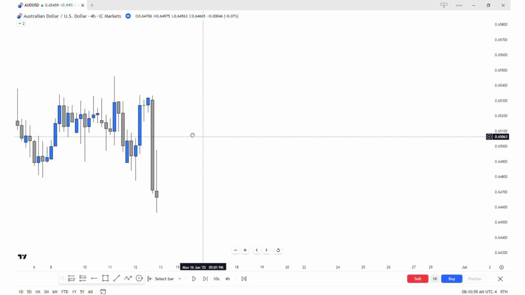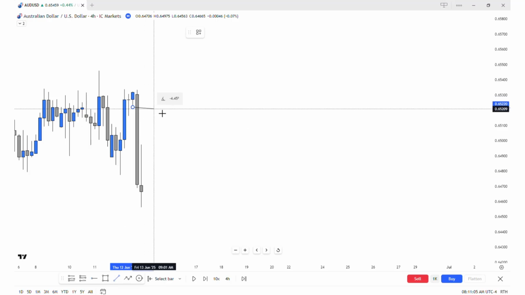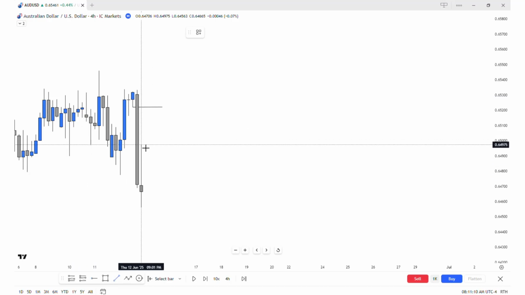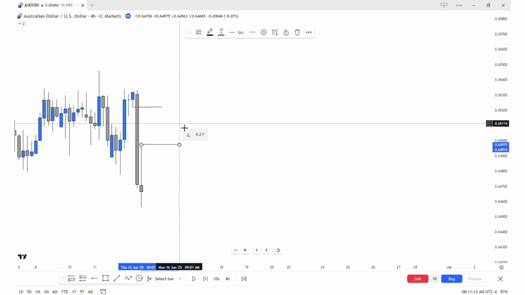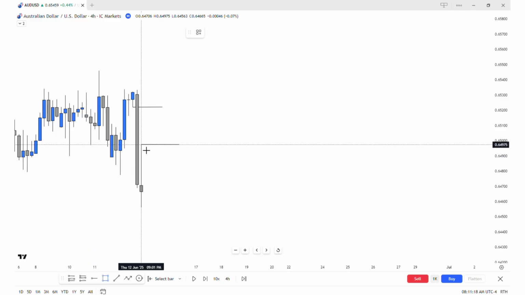Now, if you were to also look at this one, you'll see that the low of the first candle and the high of the third candle do not overlap, making another gap and another fair value gap.